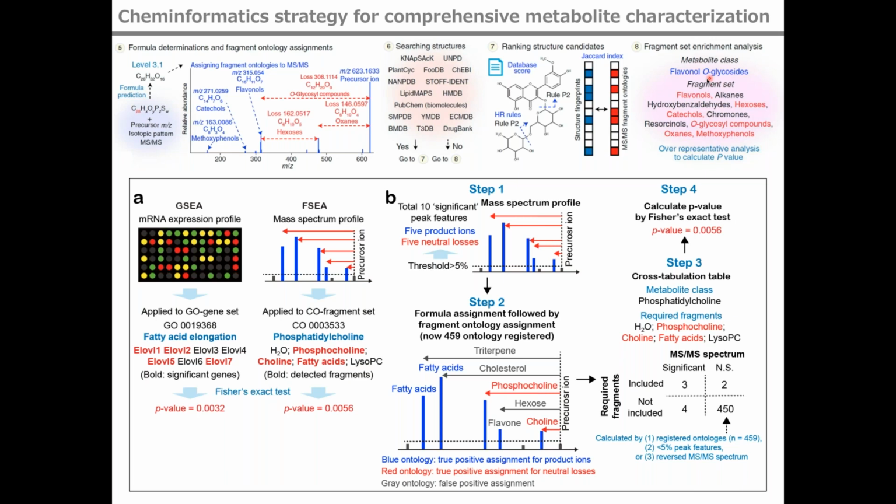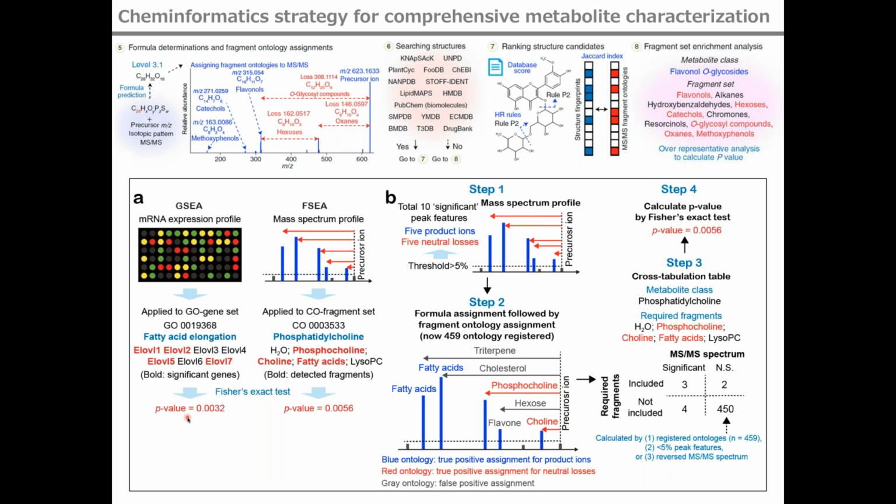The basic idea of FSEA is the same as gene set enrichment analysis. In GSEA, once we upload the significant gene list from microarray or RNA-seq results, the significant gene ontology is suggested. For example, a total of 7 genes are involved in the function of fatty acid elongation, and if 4 genes are included in the significant gene list, the p-value is estimated by Fisher's exact test, which considers the total count of uploaded genes.